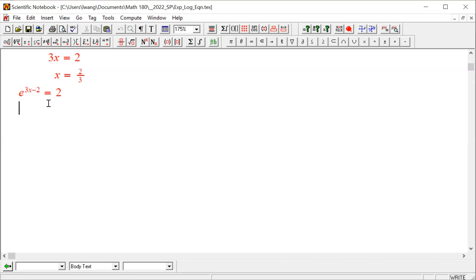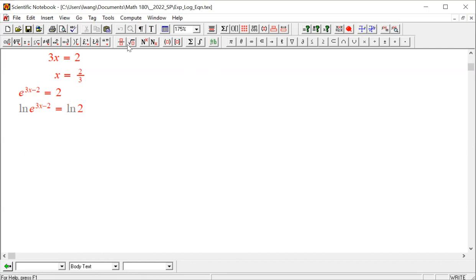We want to solve for x, so we take the natural logarithm on both sides, and we can because both are positive.